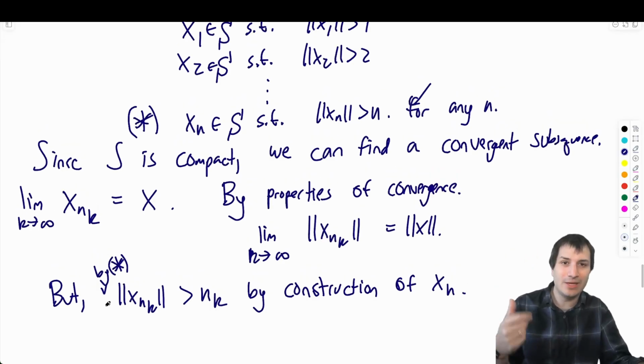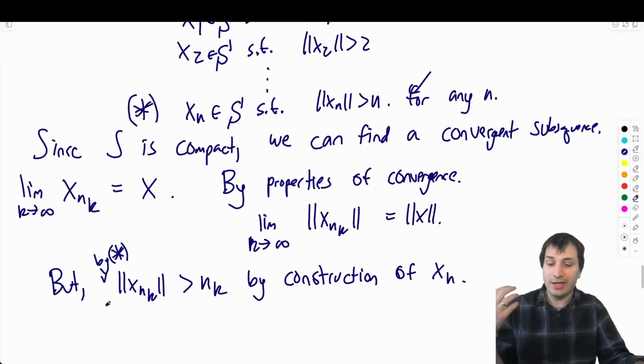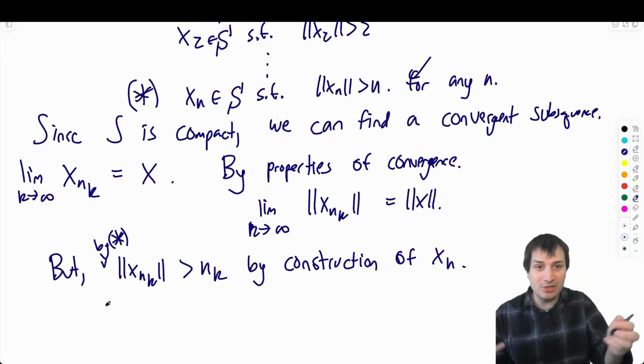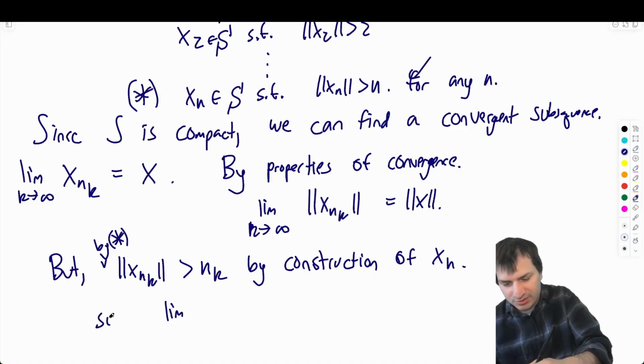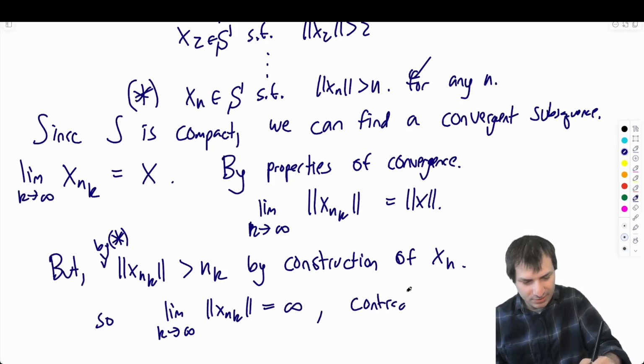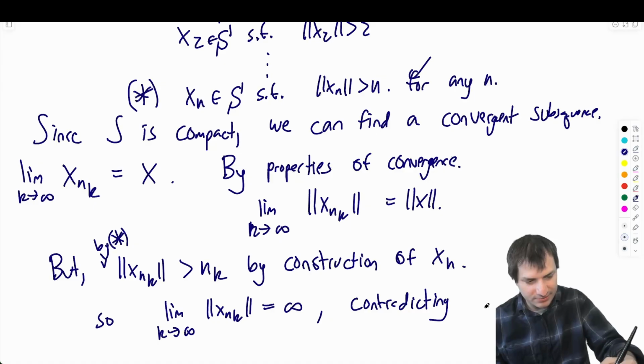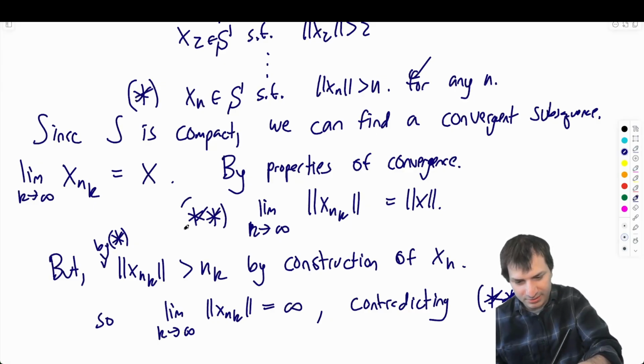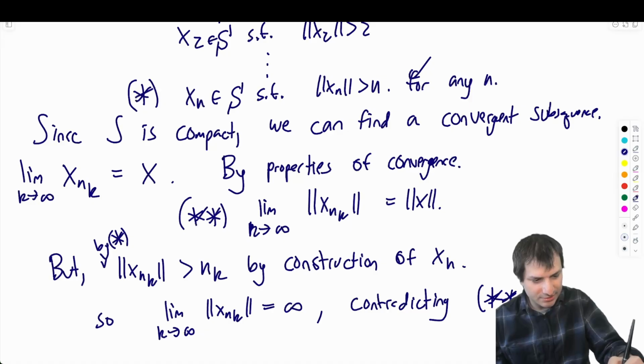That is exactly how we constructed the thing. So if it's always larger than n_k, then the limit as k goes to infinity of the norm of x_{n_k} actually equals infinity, contradicting the limit from before. So let's give that a name, contradicting star. Okay, there we go. And that's a very nice little proof.